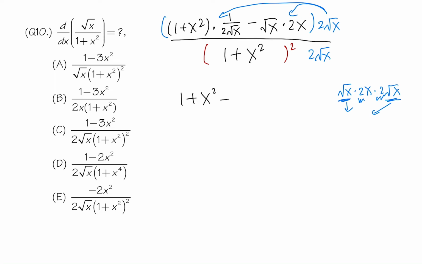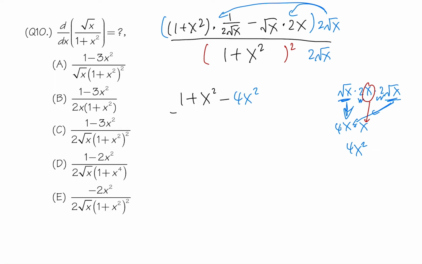This and that is just x. And then 2 times 2 is 4. And then we have 1 more x. So altogether we get 4x squared. I hope that's clear. So this right here is this x. And then this x is this x. And then 2 times 2 is the 4. So that's that. So we will minus 4x squared.